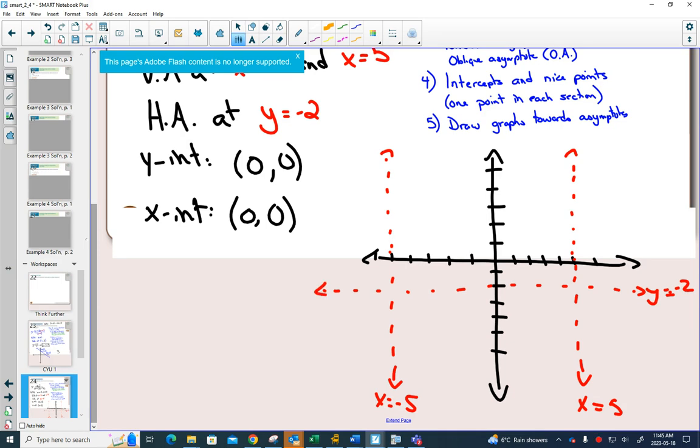And the only point we have so far is 0, 0.